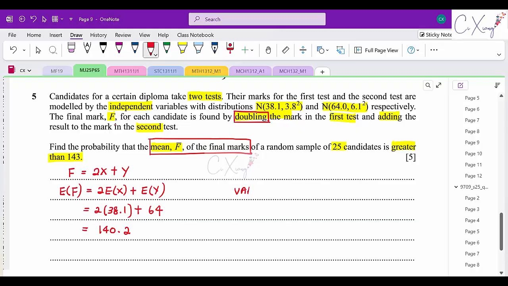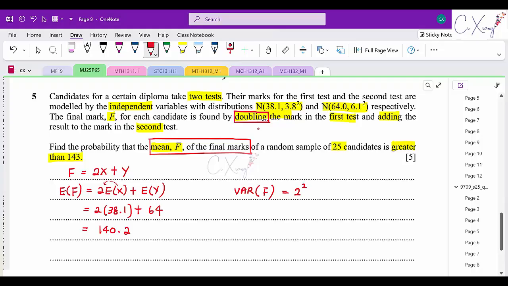And next, I want to find the variance of the final mark. When you want to take out the 2 from the variance, it is a multiplication, doubling. Doubling means you multiply 2 with the first test mark. To calculate the variance, when you take out the 2 from the variance, therefore you have to square the 2.